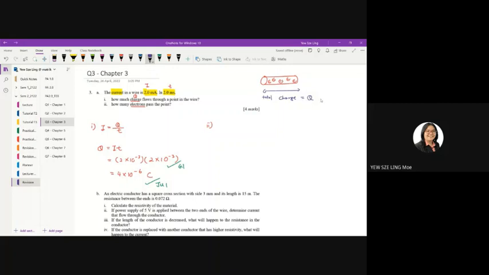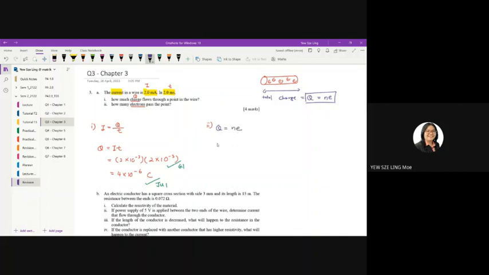Since the total charge is the total number of electrons times the charge of the electron, now we are going to find out the value of N, how many electrons we have inside the wire. So Q is equal to NE.